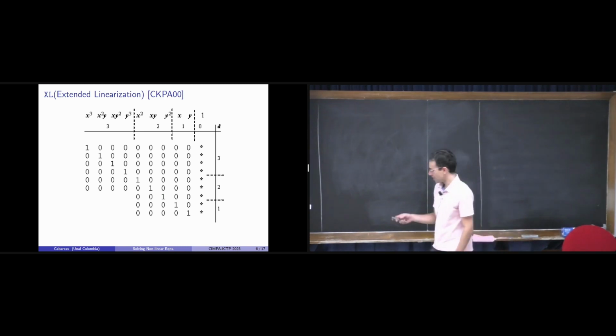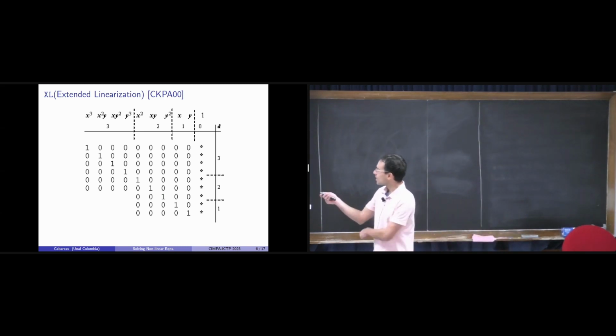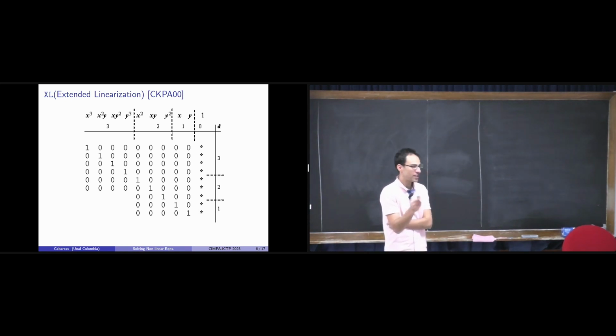Right. So, as I was saying, the last 2 polynomials here dropped in degree. And they are very nice because they are linear. They correspond to linear polynomials. By doing this, we have found a couple of linear polynomials in our ideal.